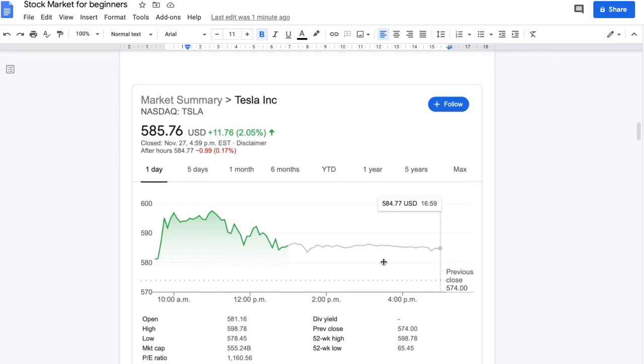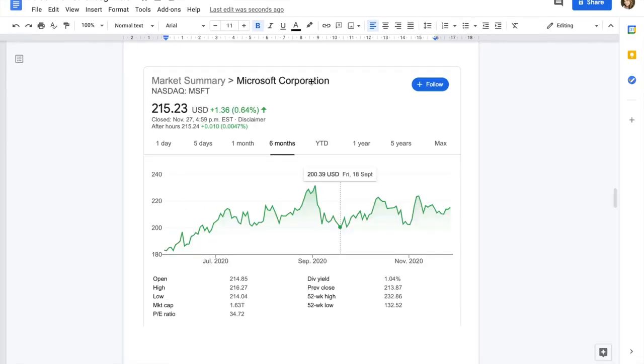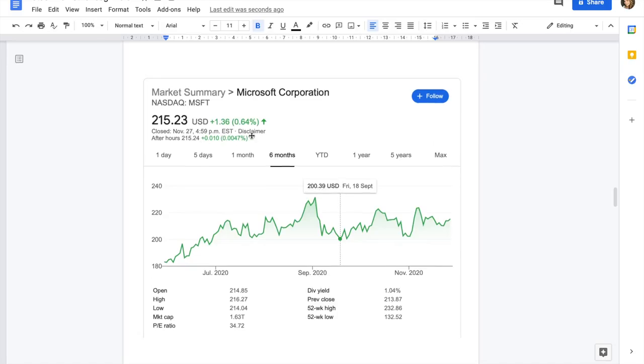Now next, let's talk about why we even buy stocks and how it's going to make us money. So in front of us we have Microsoft stock. So let's say on Friday, September 18, I bought one share of Microsoft for $200.39. But now, as you can see, one share of Microsoft is actually worth $215.23.